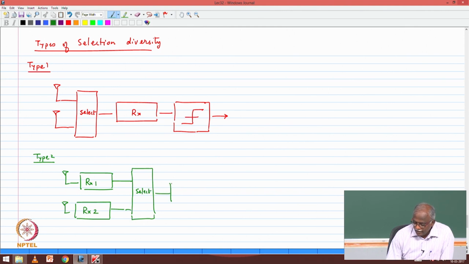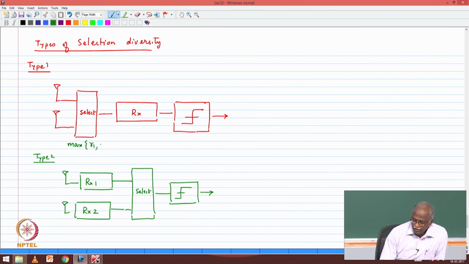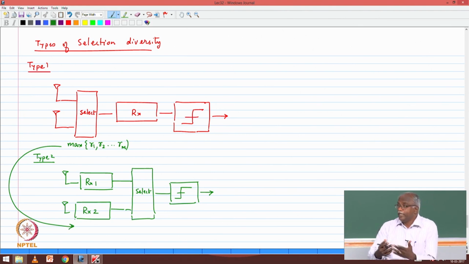And the decisions from that particular branch are then my final decisions. So basically, what is the selection happening? The selection will be the maximum of gamma 1, gamma 2. If you had more than 2 antennas, it will be the same for this one as well. You're trying to find out which one is the best option for us.